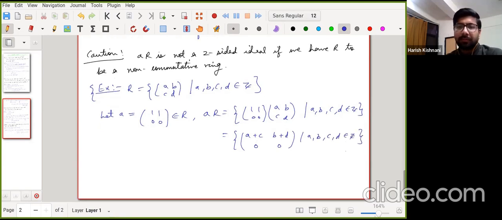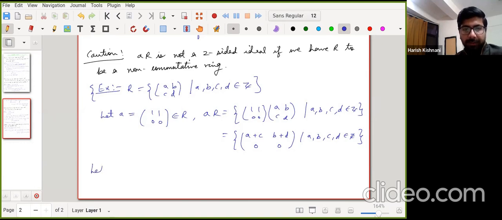Agree? So this is the set AR, and to check that it's actually not an ideal, one has to say that it's not closed under addition, or it's not closed under multiplication with the ring element. The additive subgroup property you can easily see, but it's not going to be closed under multiplication with the elements of the ring.